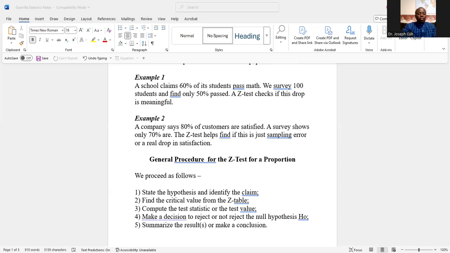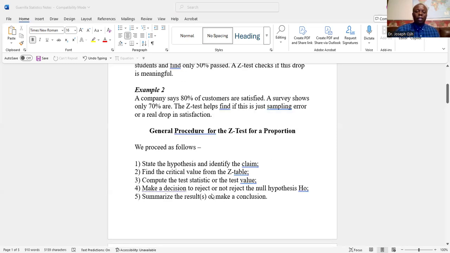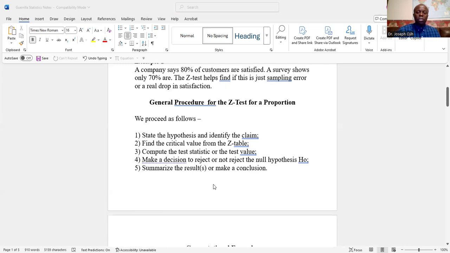Now, let us proceed to the general steps for running a z-test for a proportion. The first step is, you state the hypothesis and identify your claim. In my previous videos, I have explained how to state hypothesis.